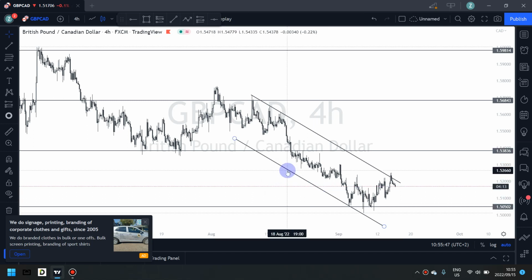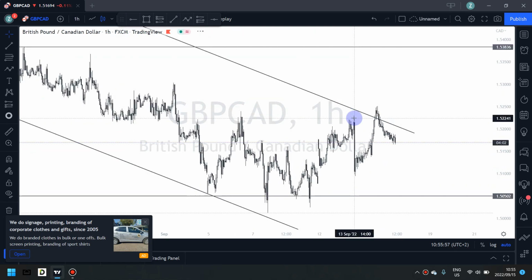So now that I have what I need on the 4-hour time frame, which is the key levels and my overall direction, I now move to the hourly time frame to spot my trends in trends and my zones. So I do want to start with my zones.